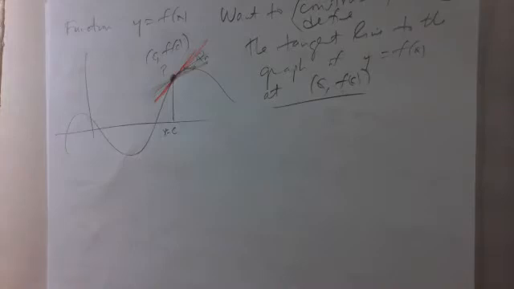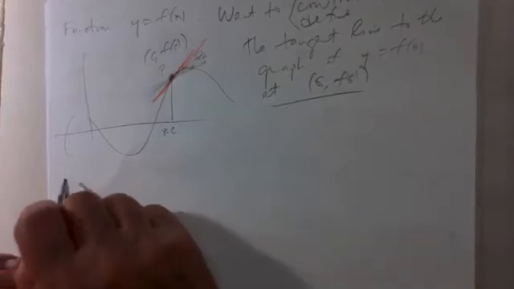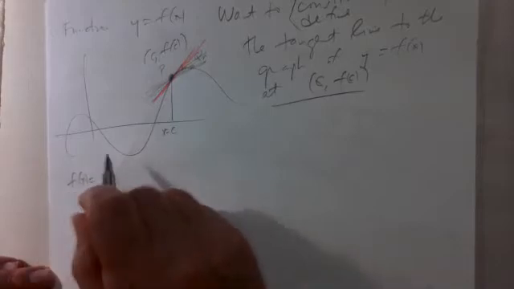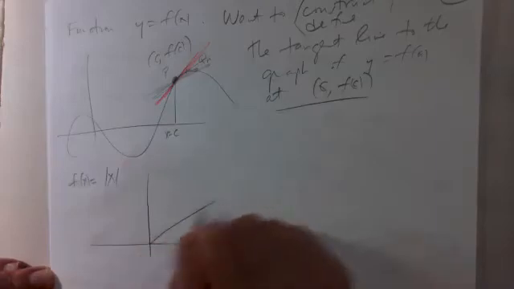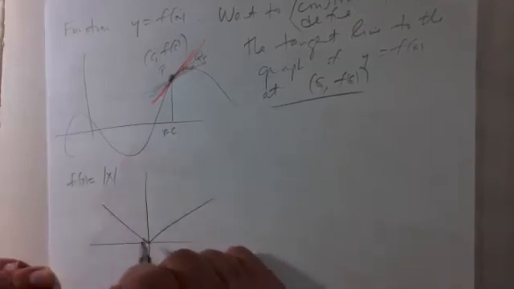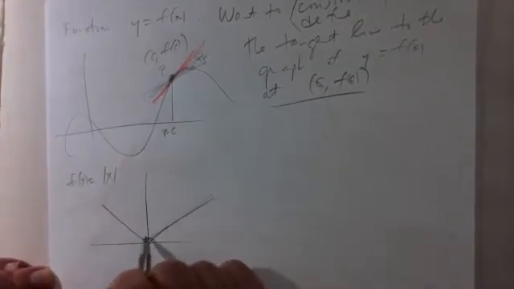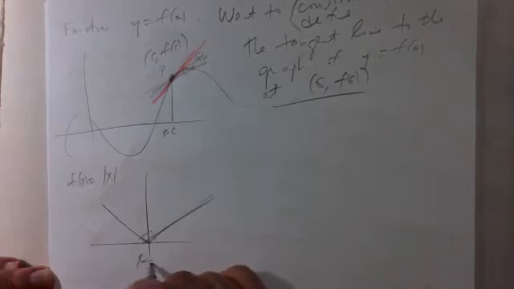Of course, you can't always do that. If you take, for example, the function f of x equals the absolute value of x, that's what the graph looks like. It has this corner at x equals 0.